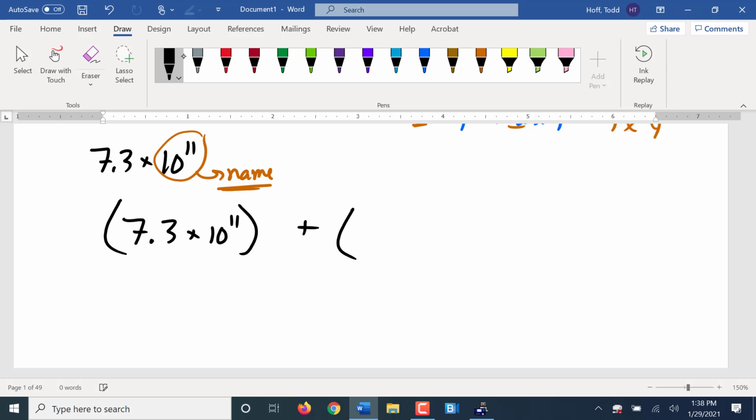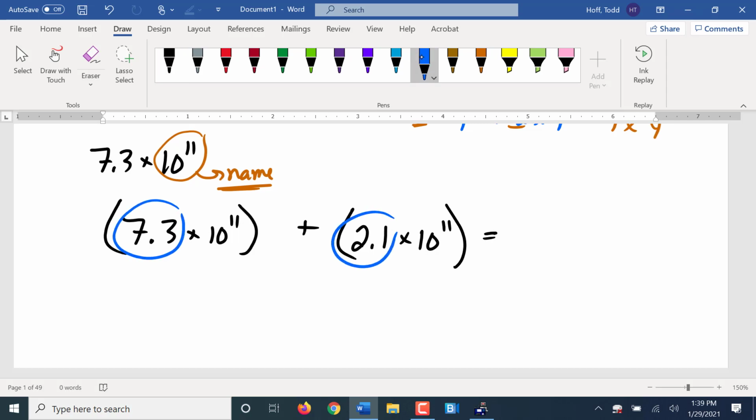It's like putting parentheses around a negative. So 7.3 times 10 to the 11th plus 2.1 times 10 to the 11th. We combine counts. 7.3 plus 2.1 is 9.4. And then we keep the same name, so it's times 10 to the 11th. Not so bad?